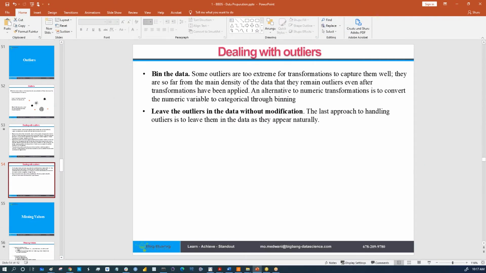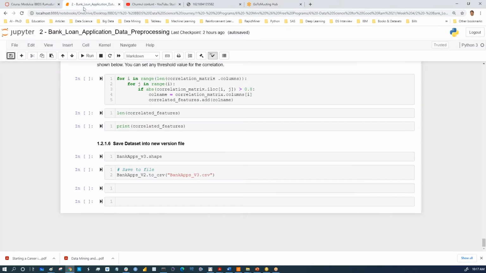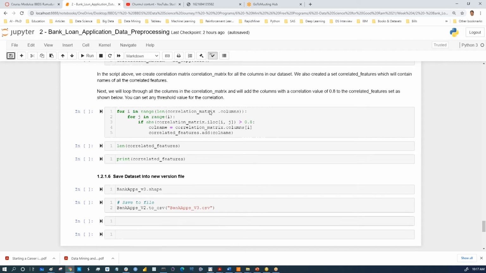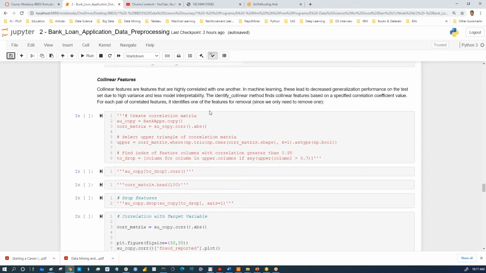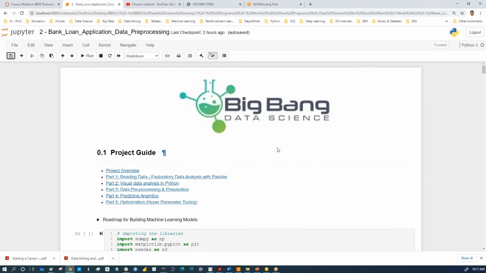Today we are going to try to implement some of these. Of course, there are a lot of other methods that we could use, but we are going to simply use the most common ones. So please go ahead, and I shared, by the way, this document with you on Canvas.